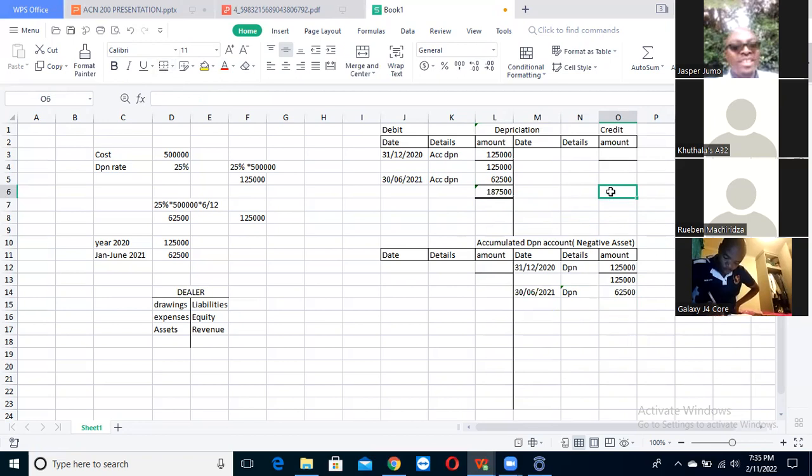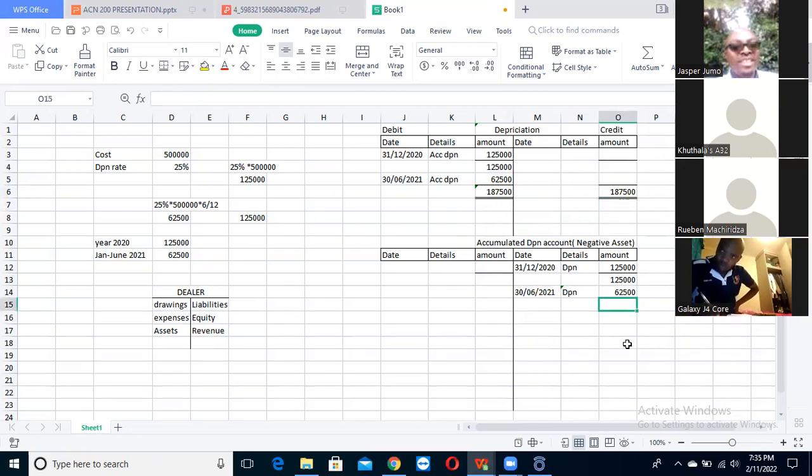Also here, 187,500. And then when we come here, it's the same 187,500. What it therefore means is when we go to the following period, our account will have a balance of 187,500. And again, I assume you have been told how to balance an account.